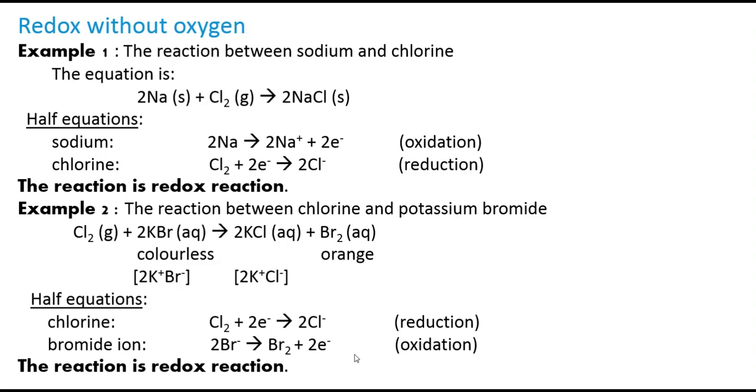Losing electrons is an oxidation reaction. These electrons are gained by chlorine to form chloride ions. This is the reduction reaction. Overall, it is a redox reaction because oxidation and reduction reactions occur together.